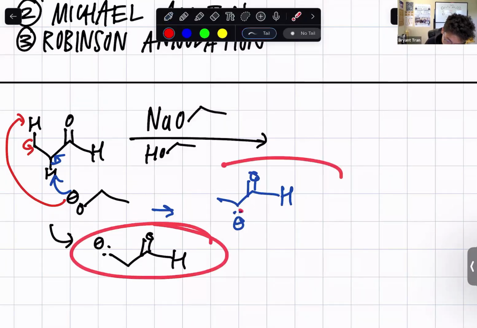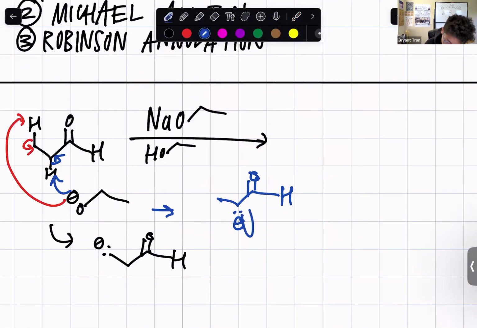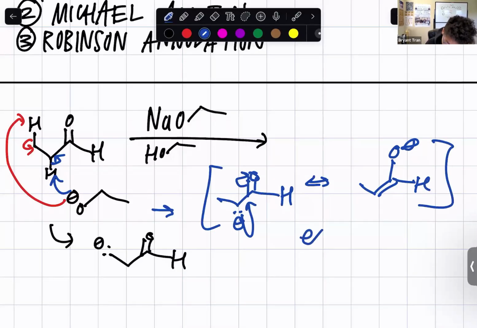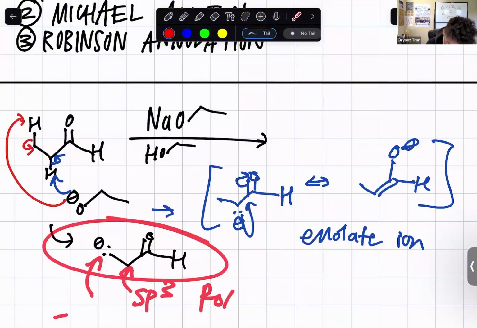And let's compare the stability of these two conjugate bases. This conjugate base right here is more stable because it can do resonance with the carbonyl, like that, right? And this right here is what we call an enolate ion. Whereas if you look at this conjugate base over here, this negative charge cannot do resonance at all because there's an sp3 roadblock right there.